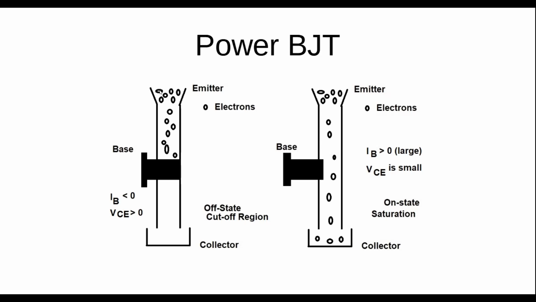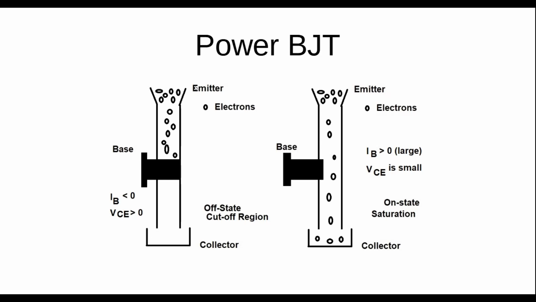The emitter is the source of the electrons. Then the base of the BJT acts like a tap that we can use to switch this on or off. And then we want these electrons to flow down to the collector. I'm looking at the collector as a sink.